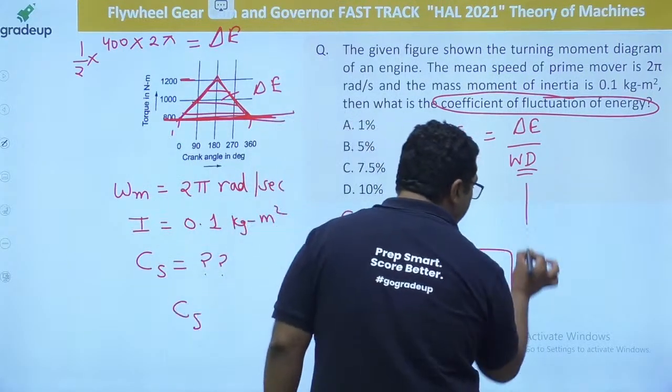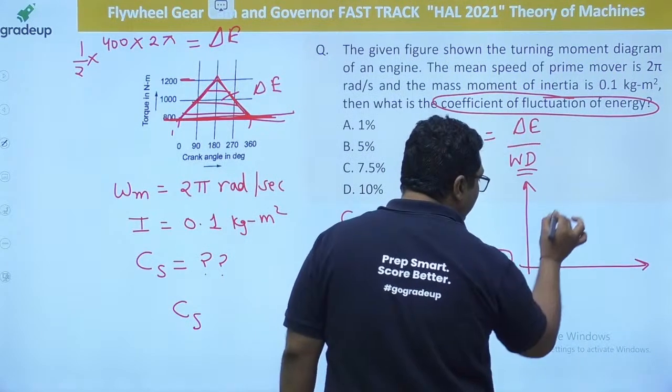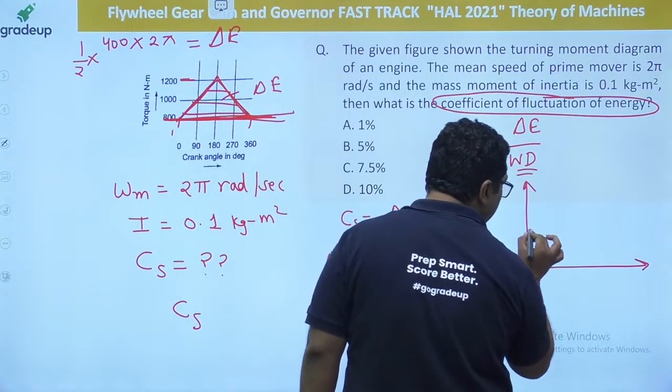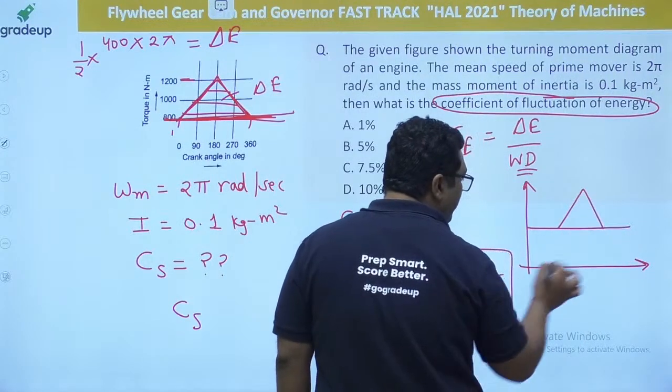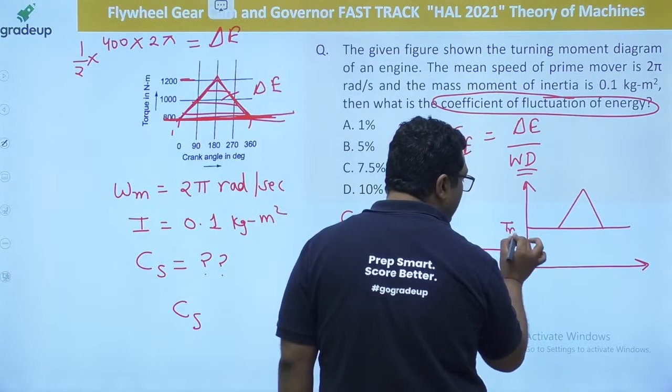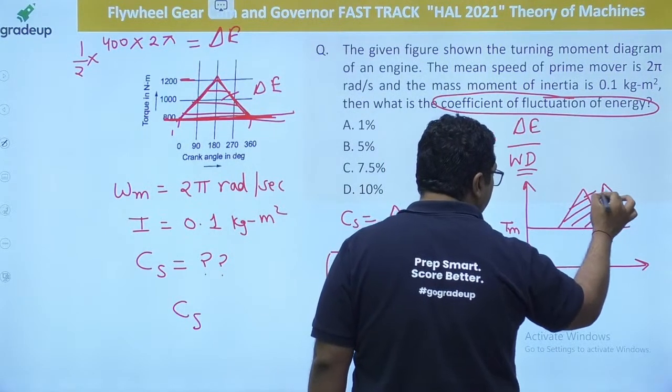Look, if we are given a diagram like this, with this line as one line, then mind this line generally indicates the mean torque, and the area above it indicates the delta E value.